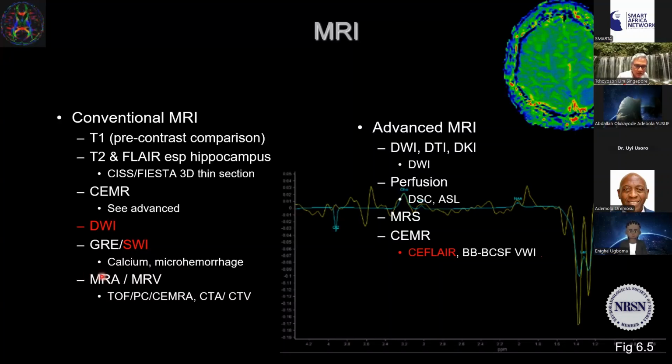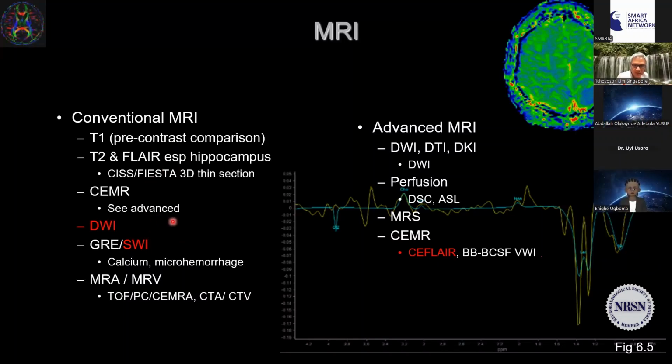Of course, MRA and MRV with a variety of methodologies, time of flight, phase contrast, and lastly, contrast-enhanced MR angiogram and MR venogram can be acquired as part of the study. And CT can also give you angiogram and venogram. These are what I would consider conventional imaging. In other words, these are things that we use and see daily in our practice.